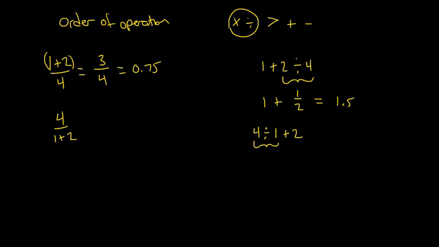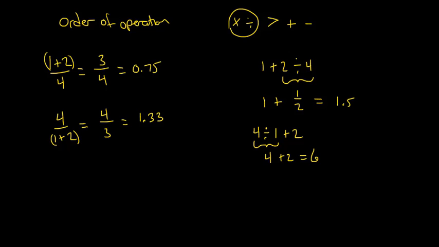This is telling your calculator to take 4 divided by 1 first, which is 4, plus 2, so overall that gives us 6. And that's not correct. What is correct is 4 divided by 1 plus 2, which is 3, to give us 1.33. Okay? So again, order of operation is important.